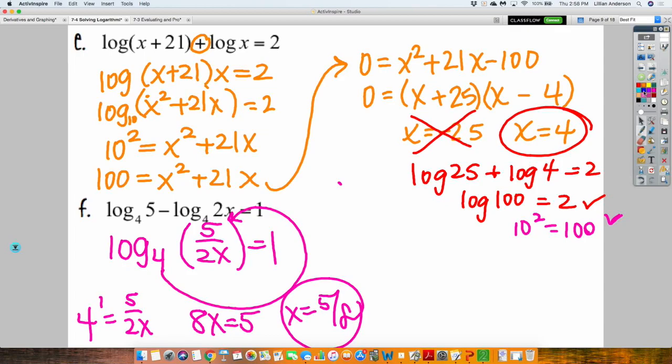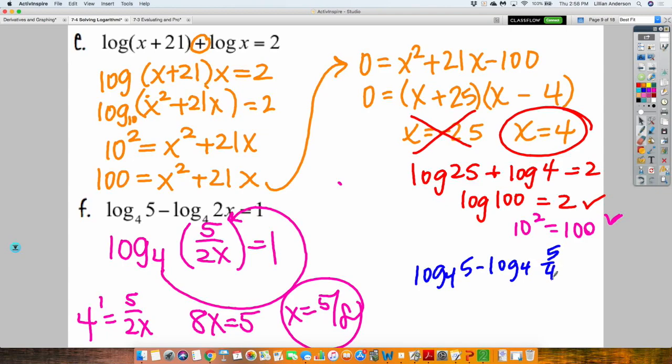When I go to check, this becomes log base 4 of 5 minus log base 4 of 2 times 5/8. What's 2 times 5/8? Give it to me as a fraction, not as a decimal. 5/4? Okay, 5/4. I want to make sure that this equals 1.